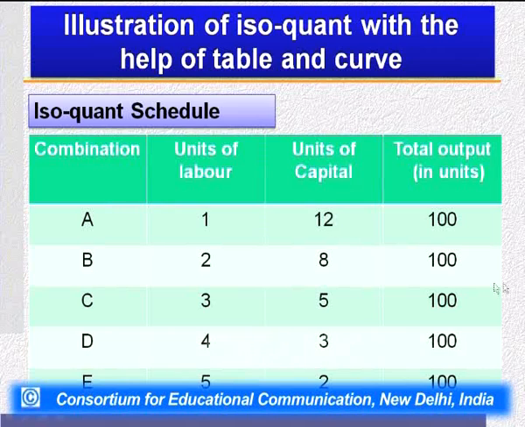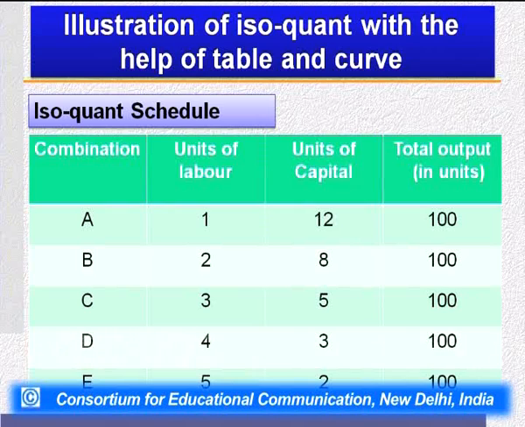When you choose combination C, 3 units of labor, the units of capital is 5. To maintain the level of output, you have to see what is decreased on one side and what is increased on the other side, so that the output level stays the same.